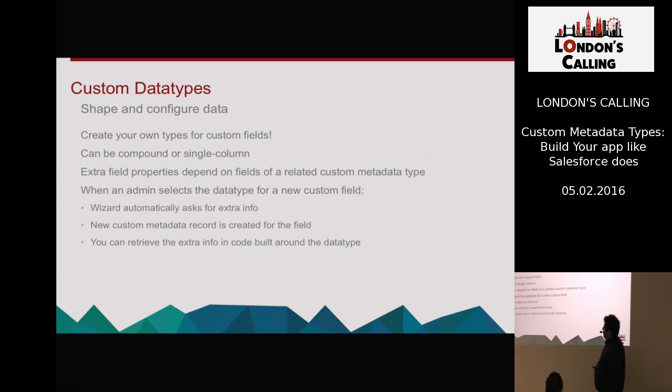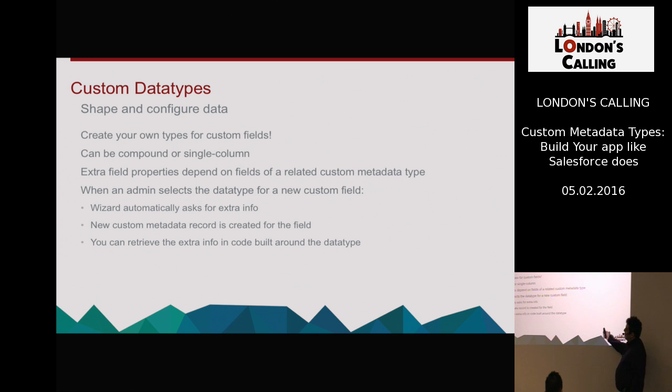Custom data types, the idea here is to help you shape and configure your data. They're new field types, would be the idea. You could make them compound, like geolocation, or single column, like number. And to specify extra field properties, basically you associate a custom metadata type and put some fields on that custom metadata type.